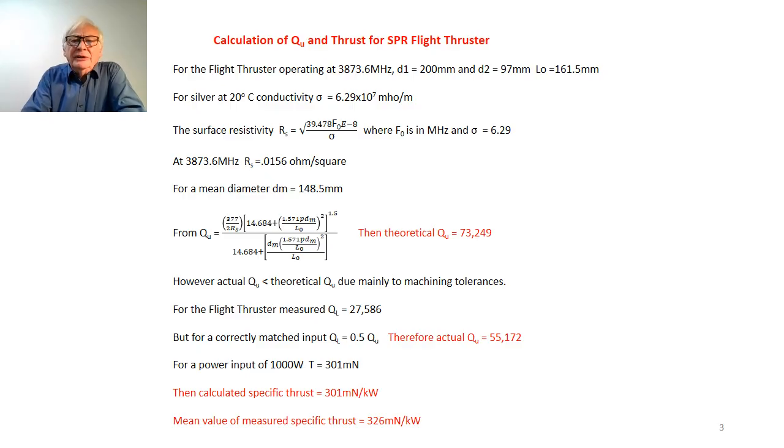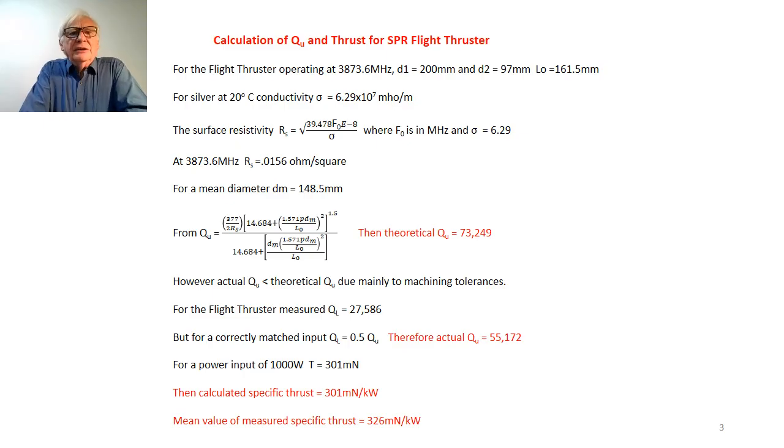You need to know the axial length L0 between the two end plates. And you need to know the surface resistivity, RS, of the material on the internal wall of the cavity. You calculate RS from the value of the conductivity for silver at 20 degrees C, which is 6.29 times 10 to the 7th siemens per meter.